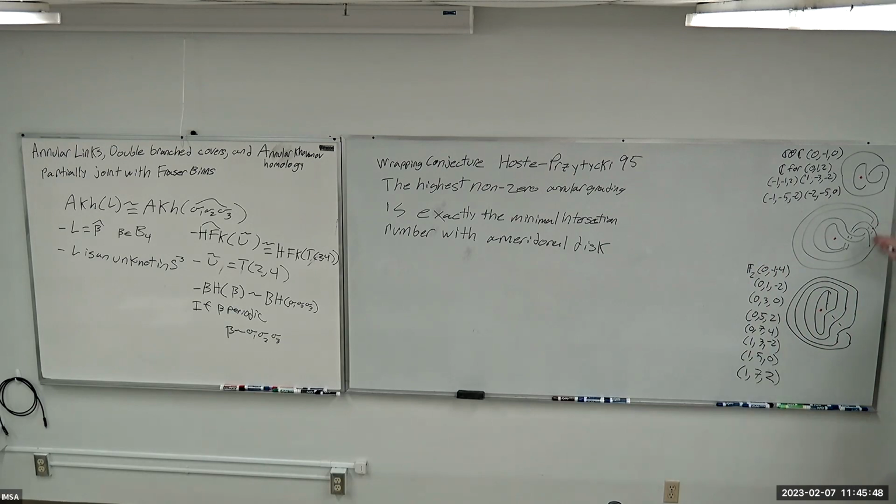So maybe in these two examples, we see the minimal intersection number with the disk here is 2, and our highest non-zero annular grading is 2. And here the minimal intersection number with the disk is 4, and our highest non-zero annular grading is 4. So in these examples, the conjecture is true. Also, maybe it wouldn't be an interesting conjecture otherwise. I gave you an example here at the start of the talk where the conjecture wasn't true, and just wrote it on the board right away.